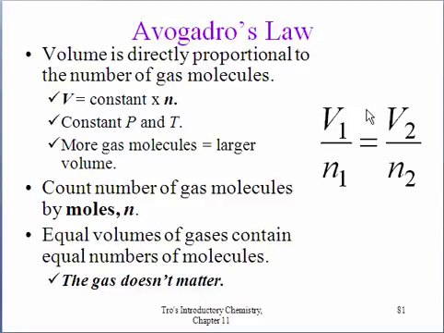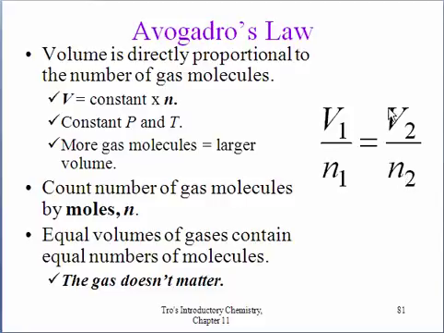Now, we also have an initial and final state condition, and if we're solving a problem that has that, this is the equation we're going to use. V1 over N1 equals V2 over N2, where V1 is the volume, N1 number of moles at the initial state, and V2 volume at the second state, and N2 number of moles in the second or final state.